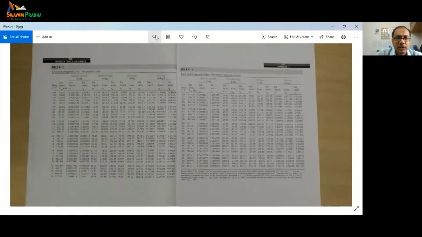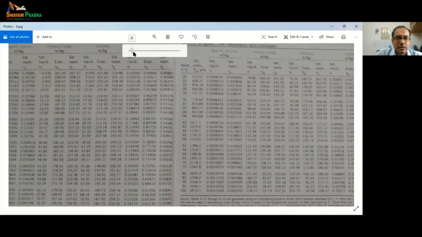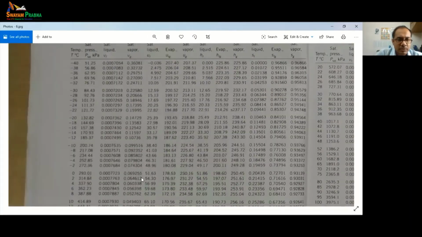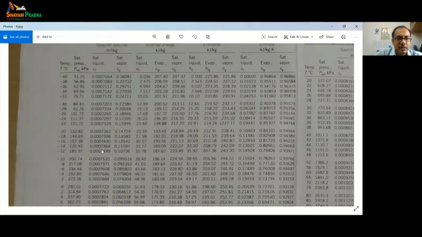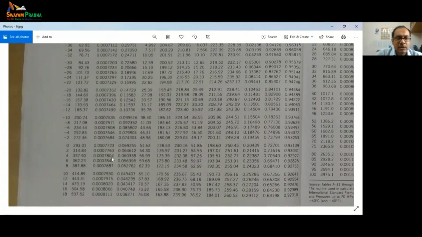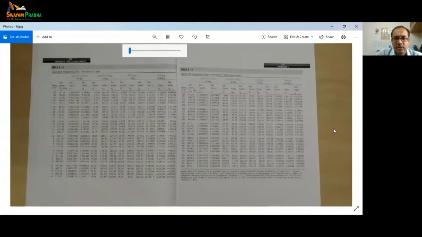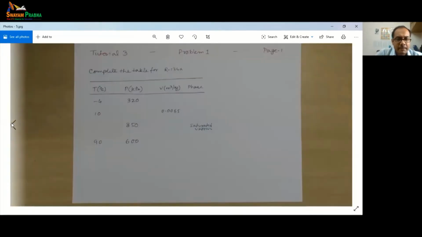Let me zoom this. 10 degrees centigrade is here, okay, and what's the pressure given? Specific volume is given to be 0.0065, pressure is not given.